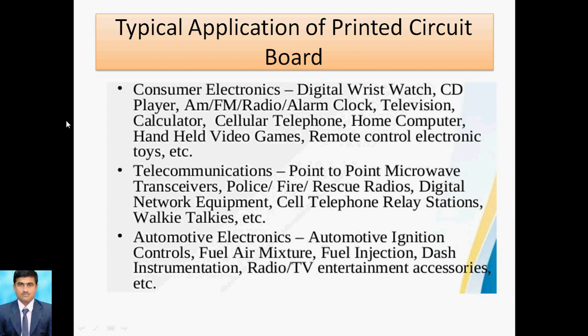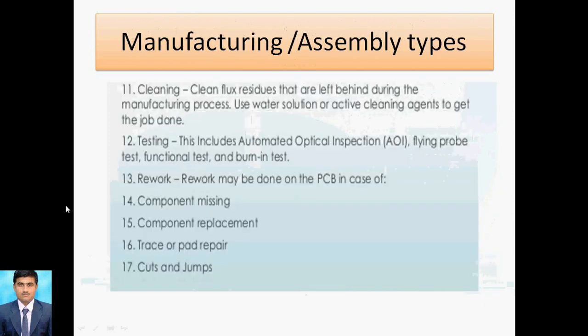Automotive electronics: automatic ignition systems that control the fuel air mixtures, then fuel injection, dash instrumentation, then radio and TV entertainment accessories. So this is the whole set of applications useful for automotive as well as telecommunications and consumer electronics. So this is the application regarding the PCB.